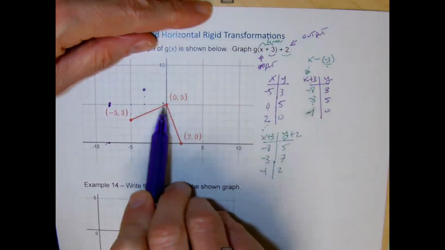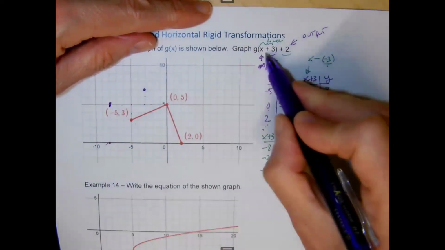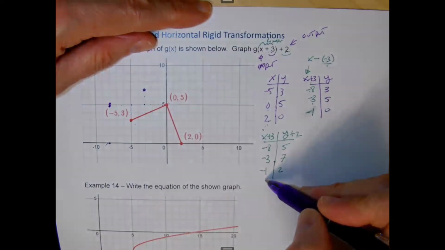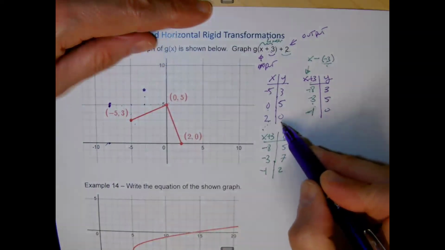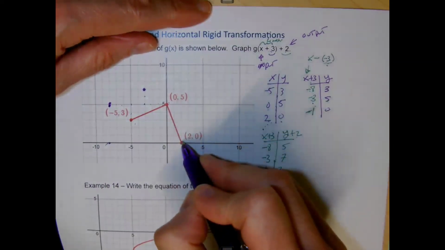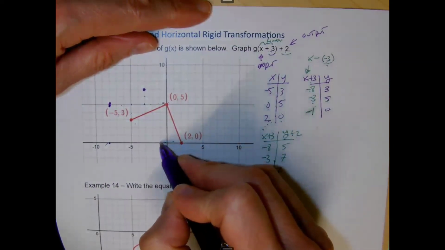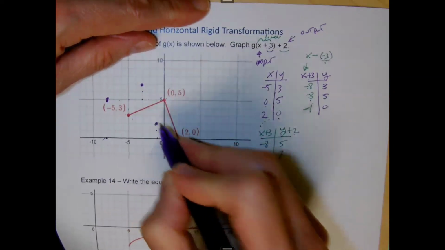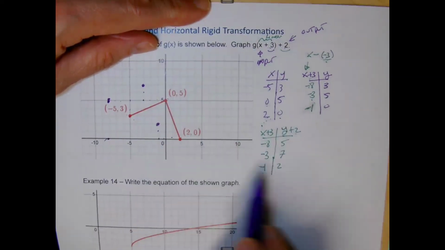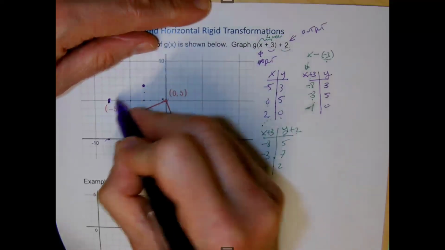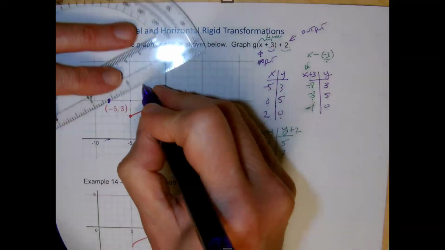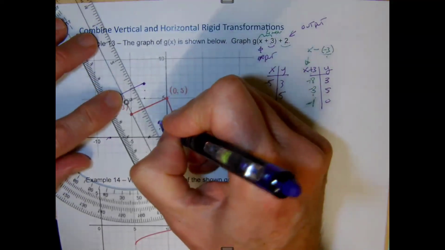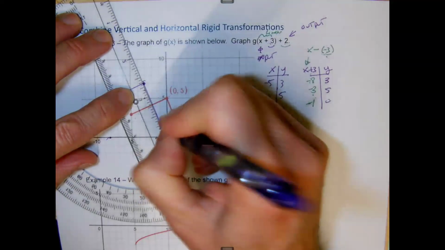Again, notice 3 over, 2 up. That's what it's saying. Last one is -1, 0. Where'd that go? Again, 3 over, 1, 2, 3, and 2 up, 1, 2. And again, -1, +2. Now I'm ready to rejoin these dots, those ordered pairs, and I've got my new graph.